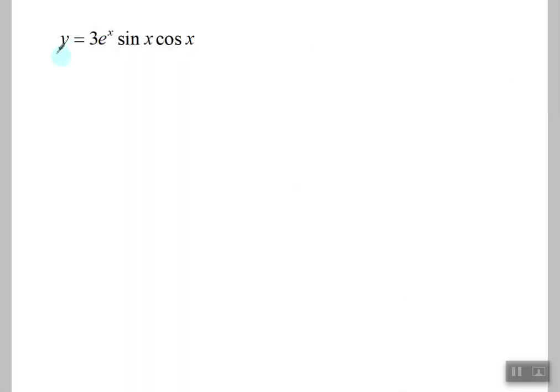Let's take the derivative of y equals 3e to the x times sine x times cosine x. Notice this time I said times twice. 3e to the x, a function of x, times sine x, another function of x, times cosine x, a third function of x. So yes, we have a product of three functions of x.